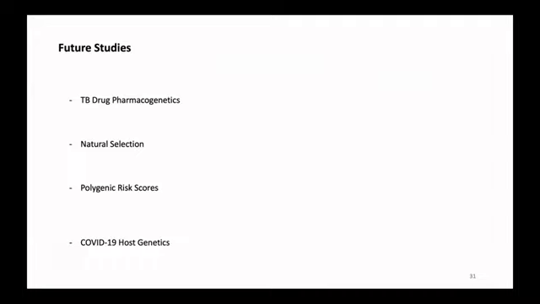We've recently become involved in assessing the utility of polygenic risk scores in TB susceptibility, and based on the current climate, we have become involved in COVID-19 host genetics, and we've just received ethical approval to go ahead with that project, which is really interesting.